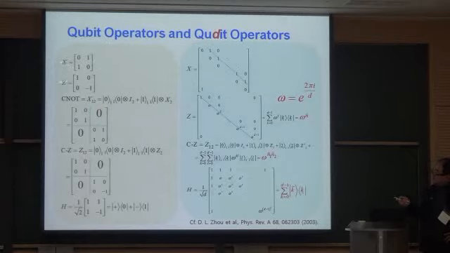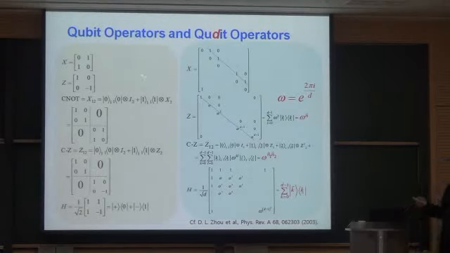The Z operator, when it is 0, gives 1, and when it is 1 state, gives -1. And control NOT is like this, and control Z is, when the control is 0, it does nothing on the second one. When the control is 1, it flips only this one. So this representation is like this, and Hadamard is given here.